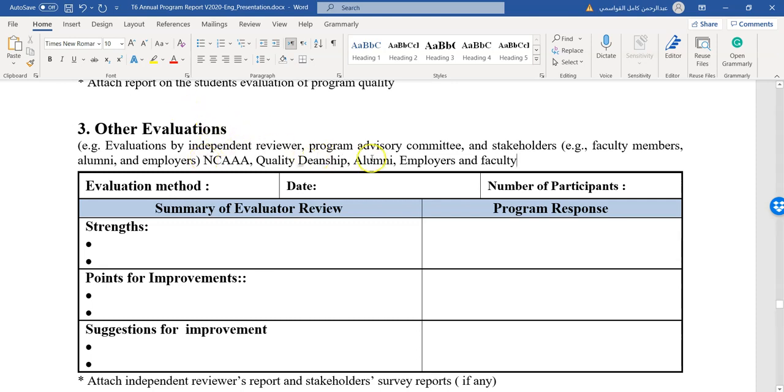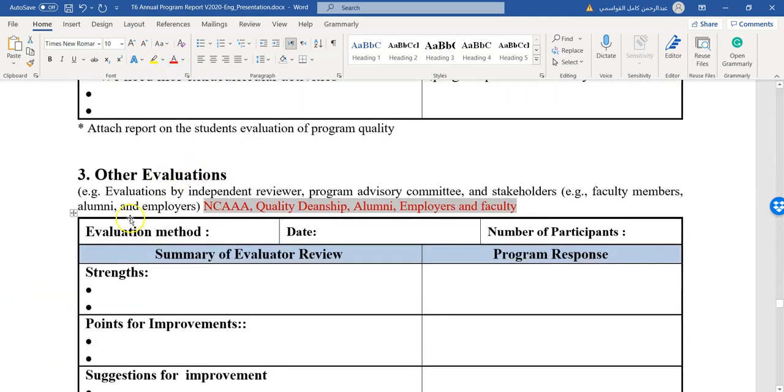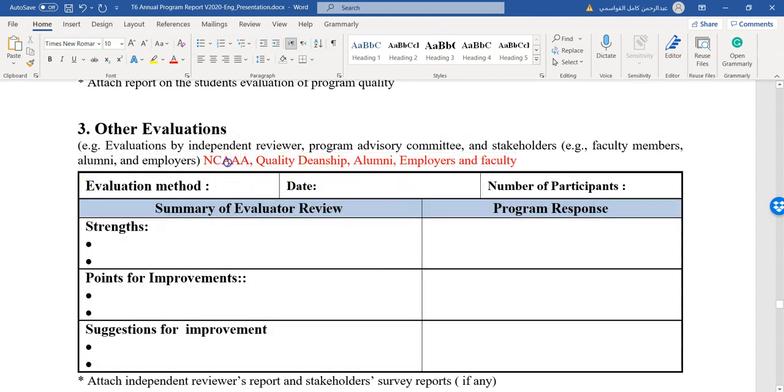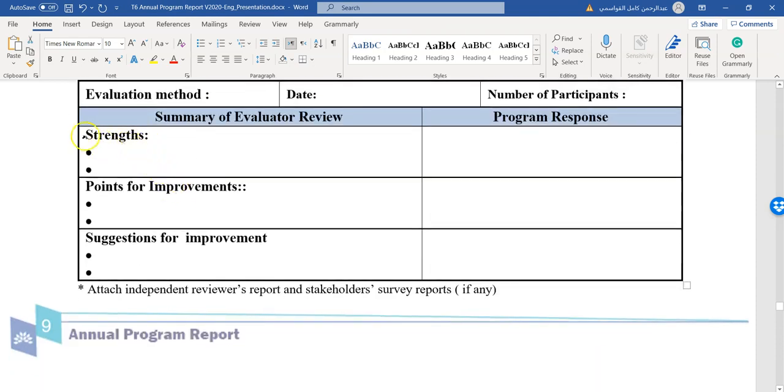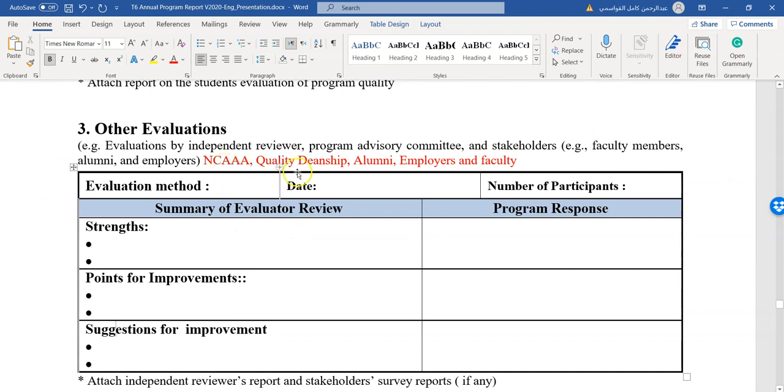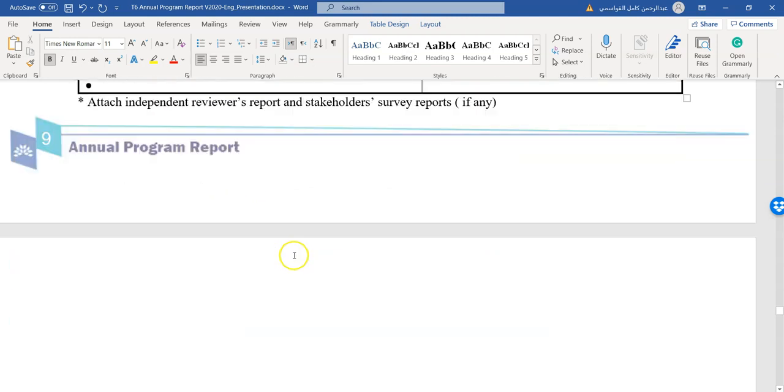Also we have from advisory committee. So you have to fill this table, repeat this table for every one, for NCAAA, for quality, and for every table you have to write the strength, the points for improvements, and such as this. So for example, I have 1, 2, 3, 4, 5, 6. I have to repeat 6 times, and to write the strength, points for improvements, and suggestions for improvement.